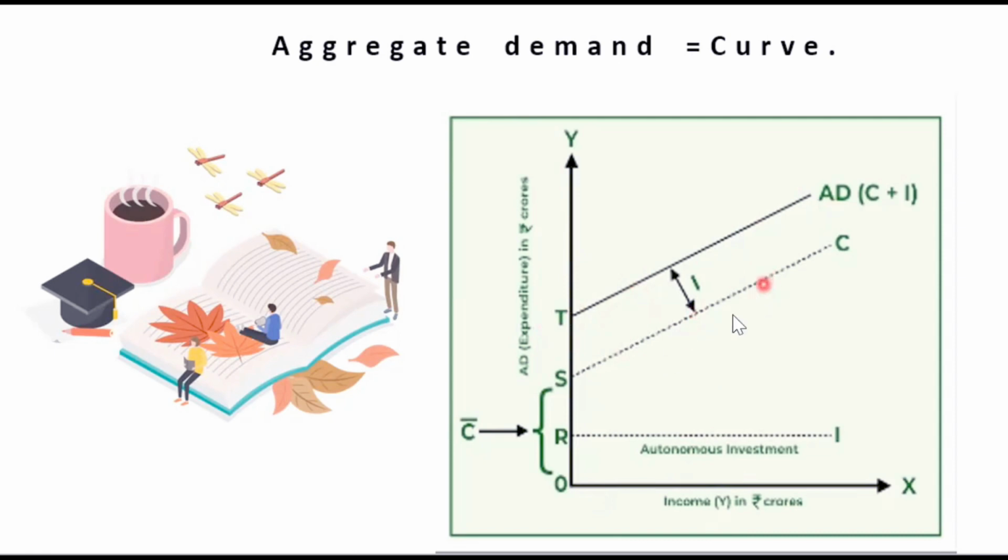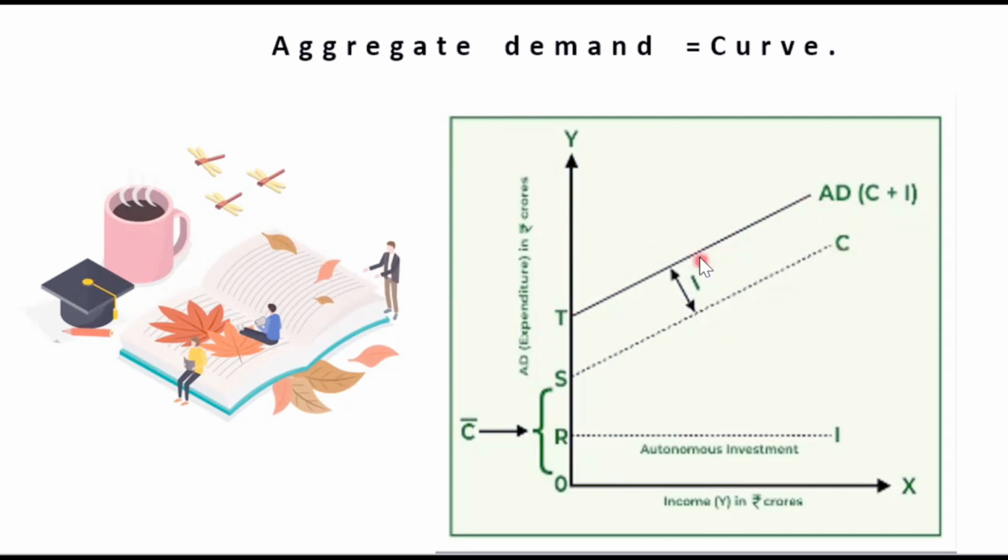Why is the AD curve a straight upward moving line parallel to C? Why are they not meeting or intersecting at any place? The reason is AD is the sum of consumption and investment. So that's why the AD curve will never intersect the consumption curve.